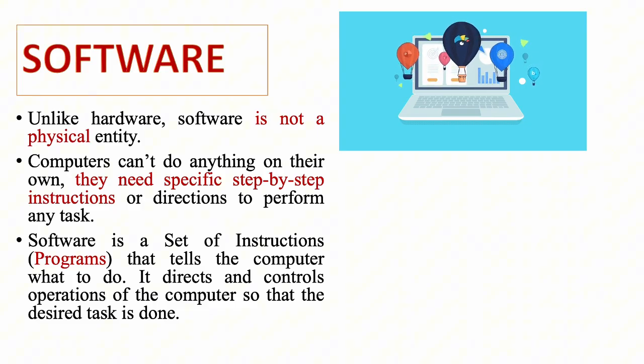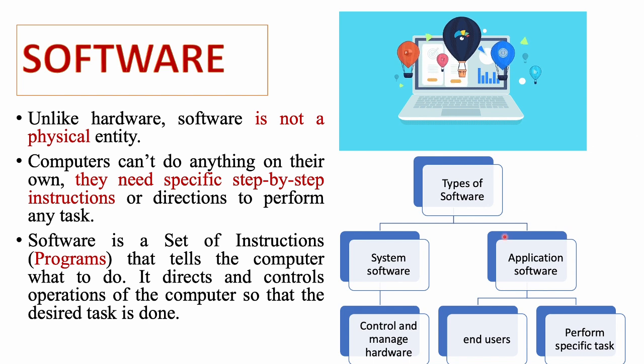On the other hand, software is a set of instructions that guides the hardware. It is further categorized into system software, which manages the hardware, and application software, which helps users to perform a specific task like word processing and browsing the internet.